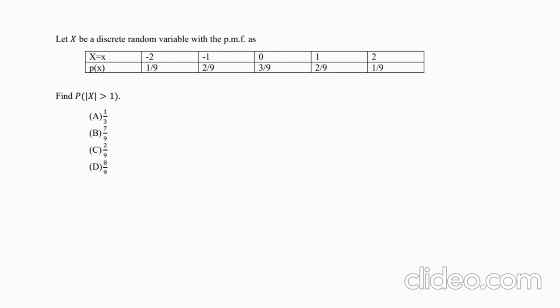Given here, we have x values of -2, -1 and so on, and the probability at each point is given in the second row. Then we want to find the probability that mod x is greater than 1.